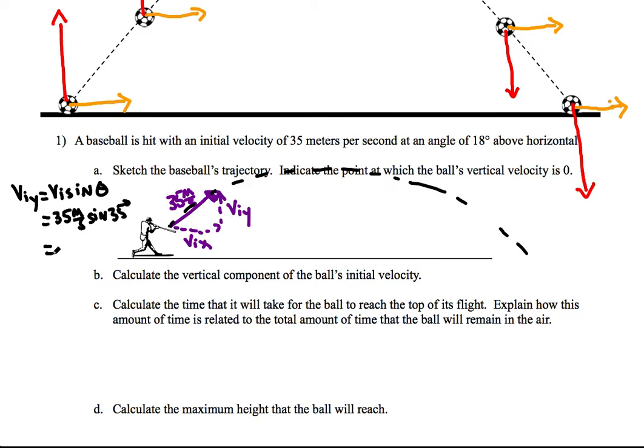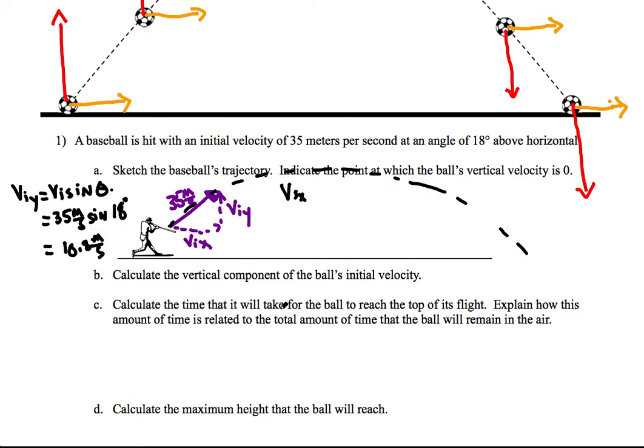So I got a value of 10.8 meters per second. I don't need to know the initial velocity in the horizontal. If it asks for how far it goes, then I would need to know this piece of information.